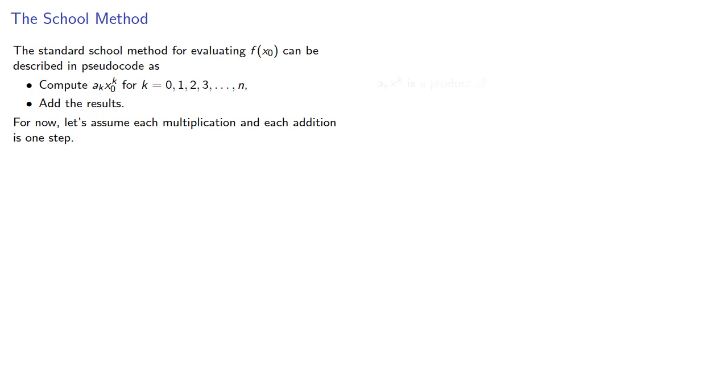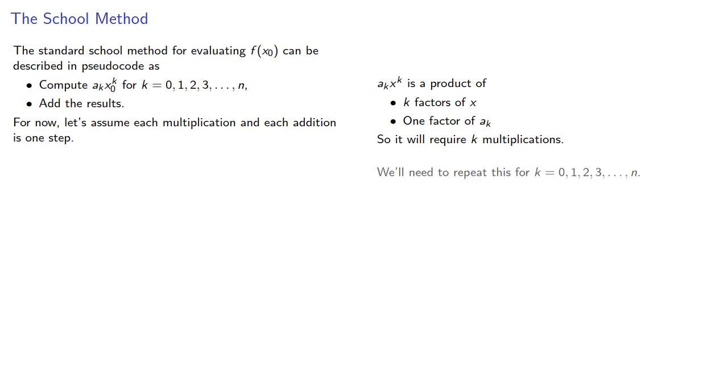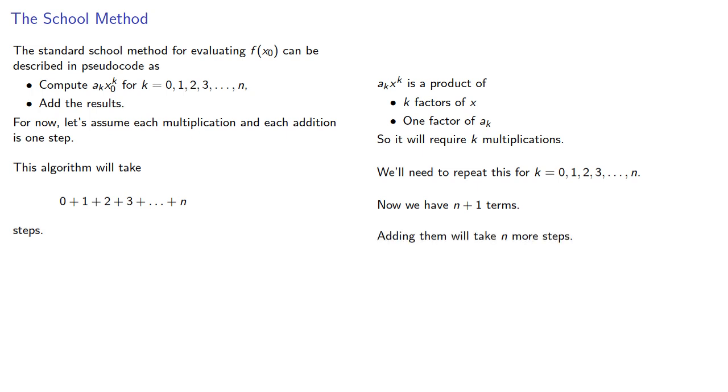Then, computing the value of a_k x to the k, this is a product of k factors of x and one factor of the coefficient a_k, so it will require k multiplications. We'll need to repeat this for all n terms of the polynomial, and now we have n plus 1 terms, and so adding them will take n more steps.